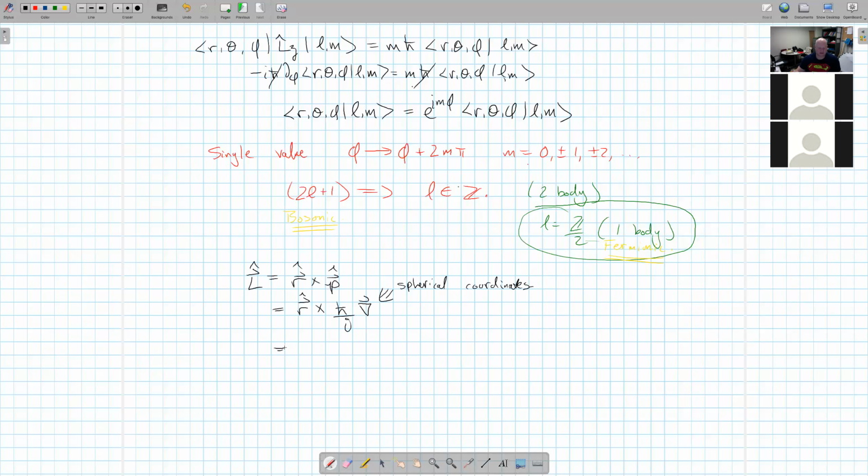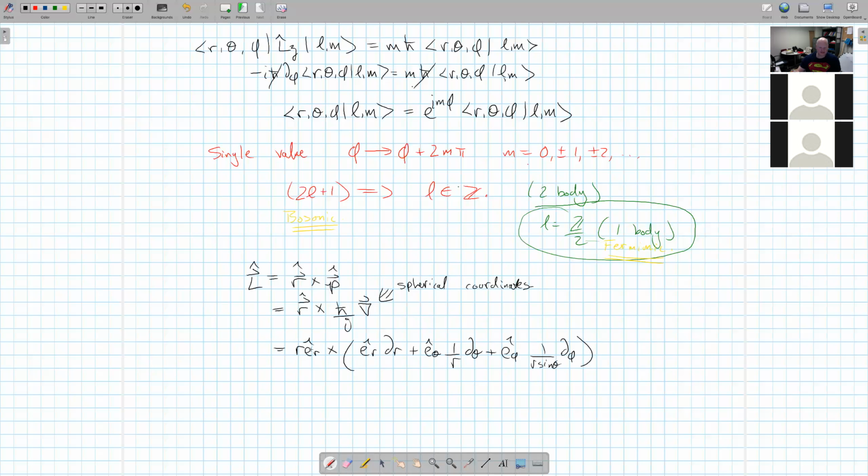So this thing then is going to be equal to r in the e_r hat direction, crossed then by e_r hat times partial r, plus e_theta hat times 1 over r partial theta, plus e_phi hat times 1 over r sine theta partial phi.